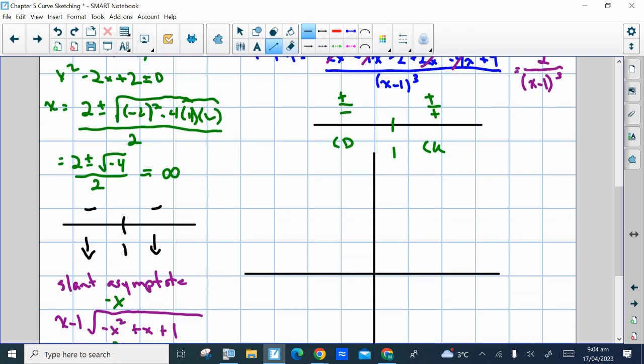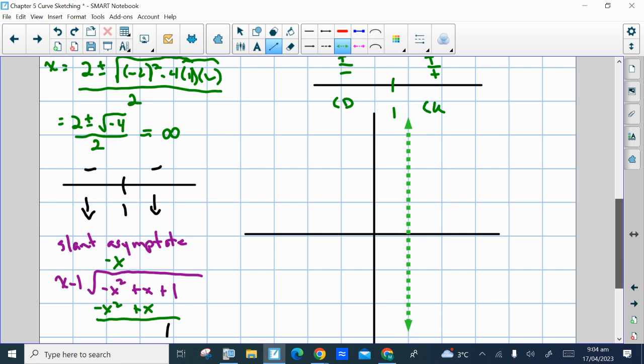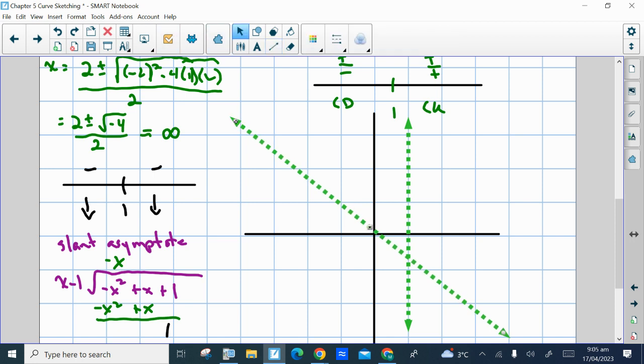So we have a vertical asymptote at x equals 1. We have a slant asymptote at y equals negative x. So that's that line there, approximately.